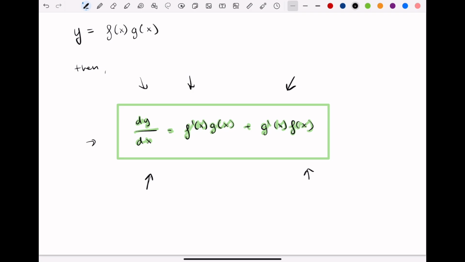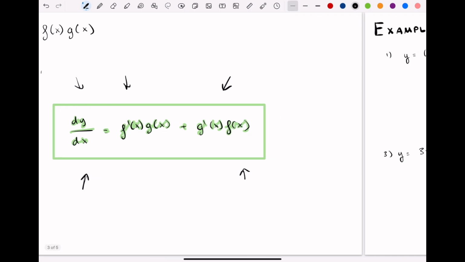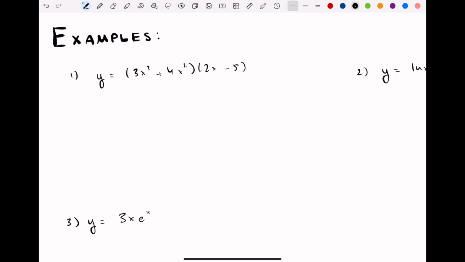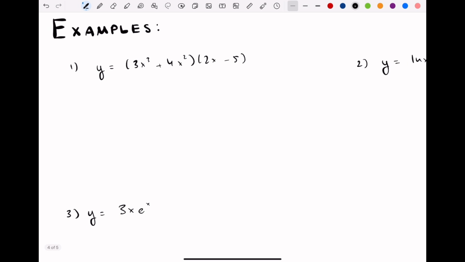And now let's look at a couple of examples to really reinforce this idea in our understanding. So let's look at example number 1, where we have y is equal to, in brackets, 3x cubed plus 4x squared, all of that times 2x minus 5. First, let's recognize that this can be our f of x, and this can be our g of x.